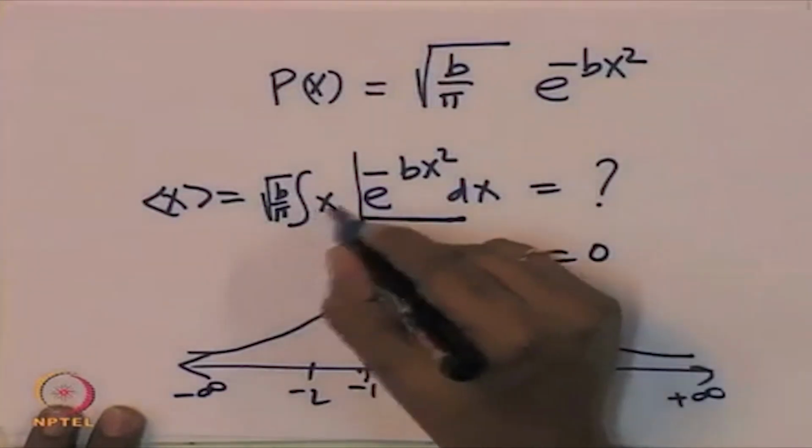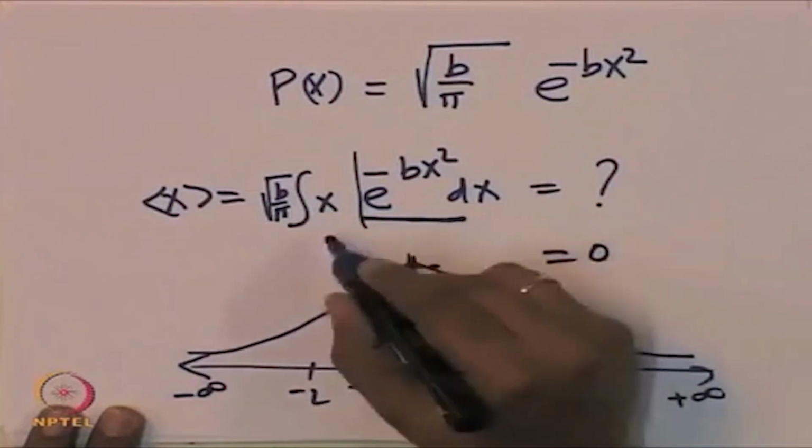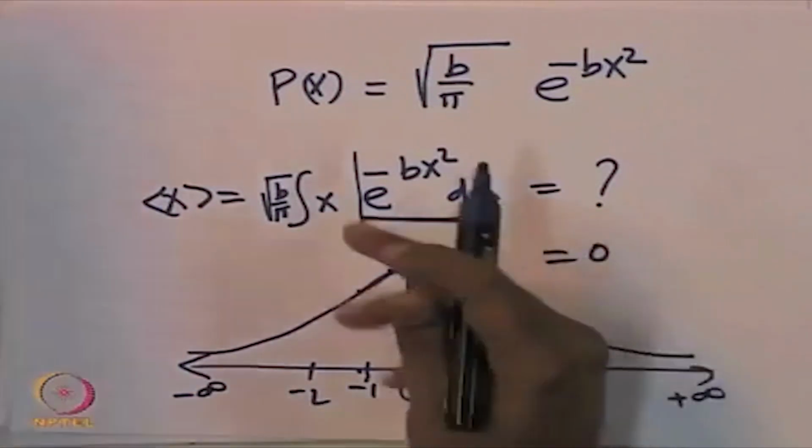So if you take one term in this, if you expand this integral and write it as a sum, let us write this quickly.